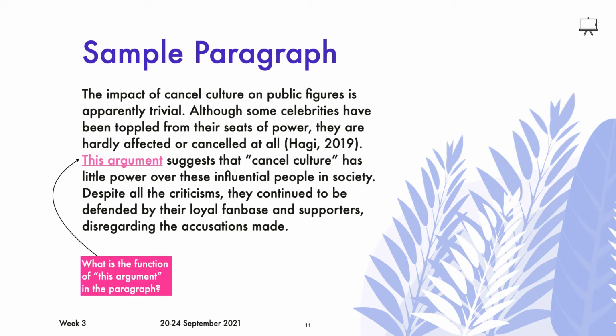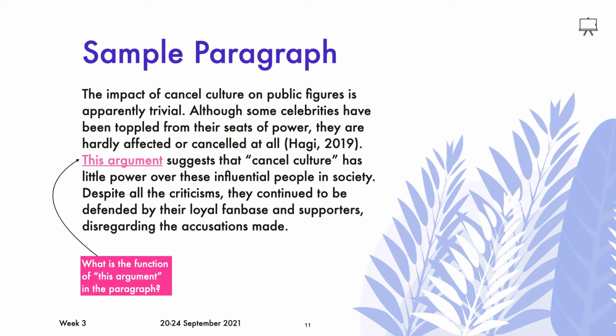Although some celebrities have been toppled from their seats of power, they are hardly affected or cancelled at all. This argument suggests that cancel culture has little power over these influential people in society. Despite all the criticisms, they continued to be defended by their loyal fan base and supporters, disregarding the accusations made.